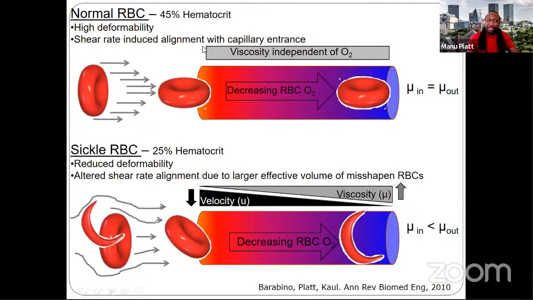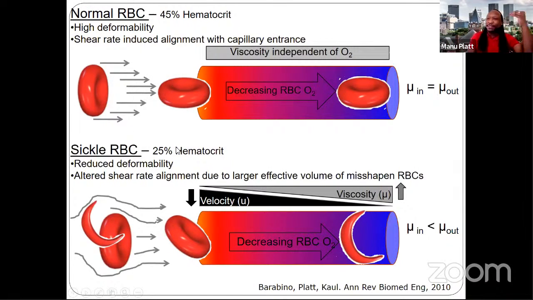Normal hematocrit, which is percent red blood cells by volume, is about 45%, right? In a person without sickle cell, your red blood cells will move through the capillaries usually at the same velocity in as out, and the viscosity doesn't depend on the oxygen concentration. But a person with sickle cell has an anemia. They have about 25% hematocrit, so you can see a severe reduction in the number of red blood cells. What's interesting is that's a benefit to them, because the whole blood rheology or whole blood viscosity is the same since they have fewer red blood cells.